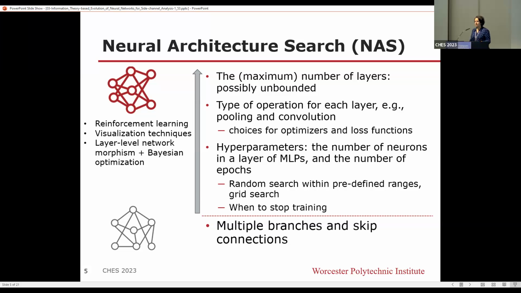What we have observed is that, so far, all those flavors at the bottom of this hierarchy have been explored in the side channel analysis related literature in different terms that you can see on the slide. And what I'm going to show you today is how the most advanced type of neural architecture search can be applied to the side channel analysis problem.